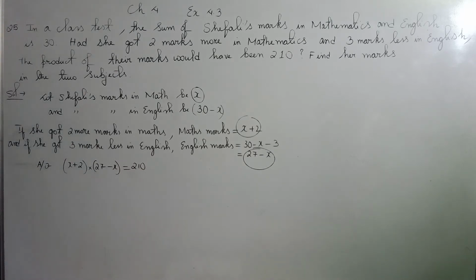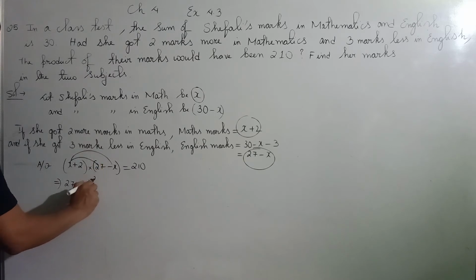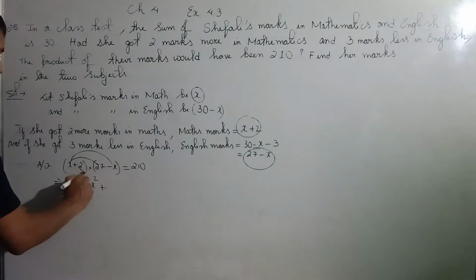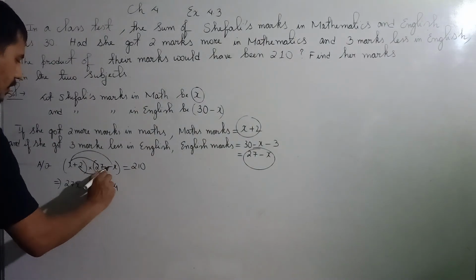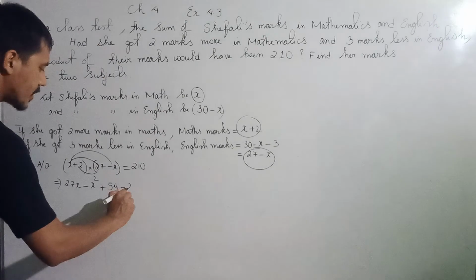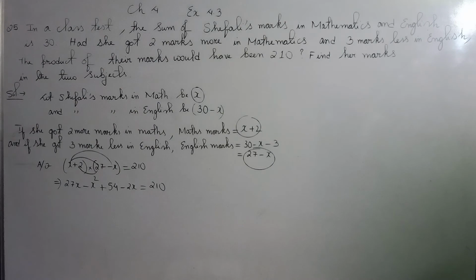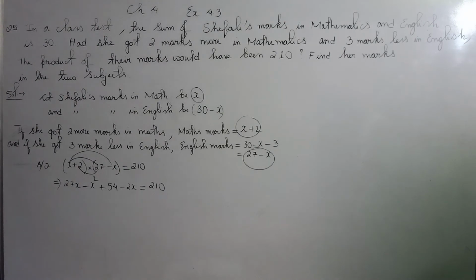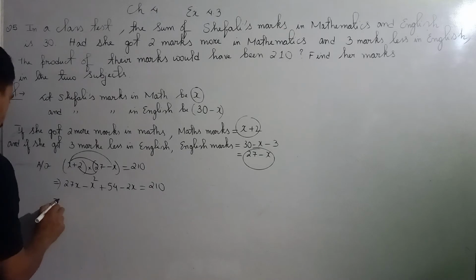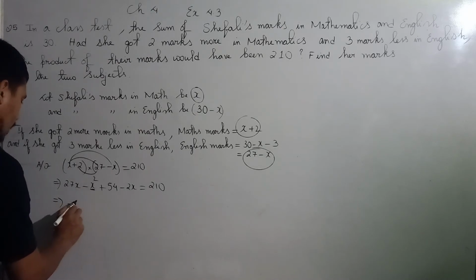This does not look like a quadratic equation, so we have to reduce it to a quadratic equation. What we have to do is simply multiply: x into 27 is 27x, x into minus x is minus x square, plus 2 times 27 is 54, 2 into minus x is minus 2x, equal to 210. Alright. So we have minus x square.